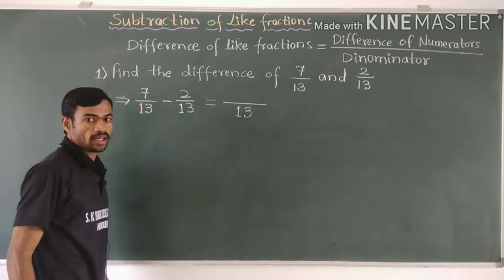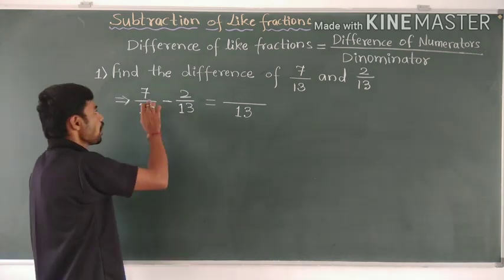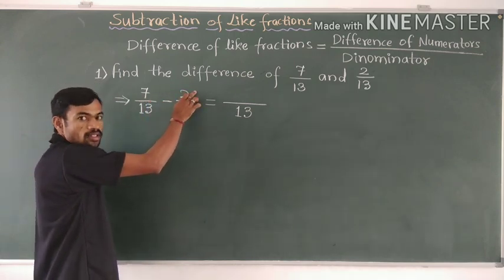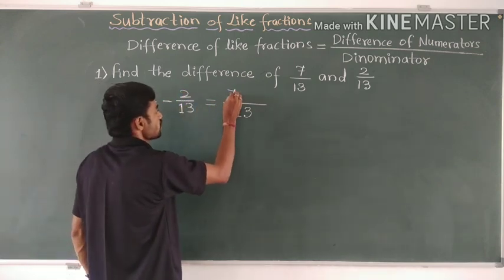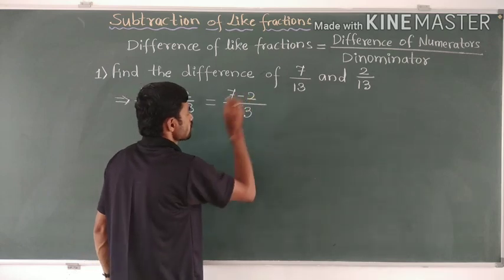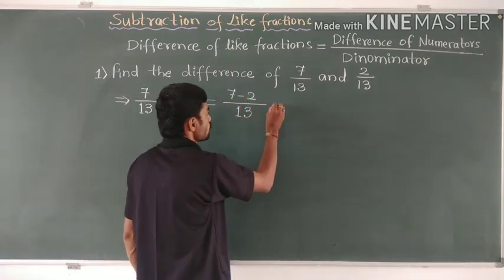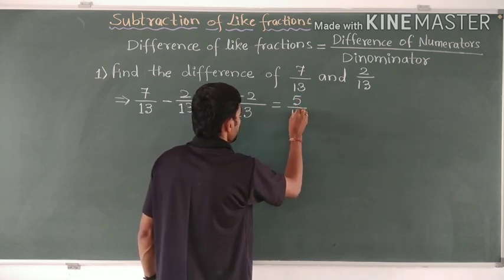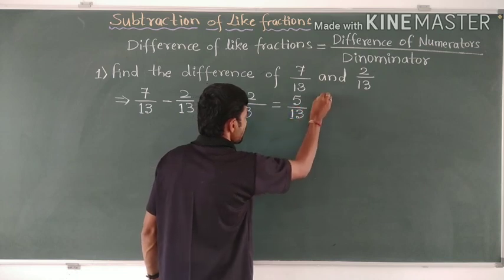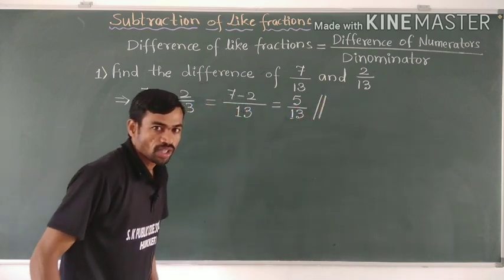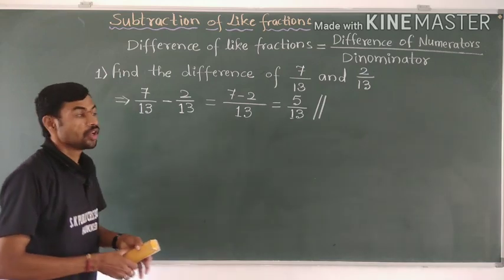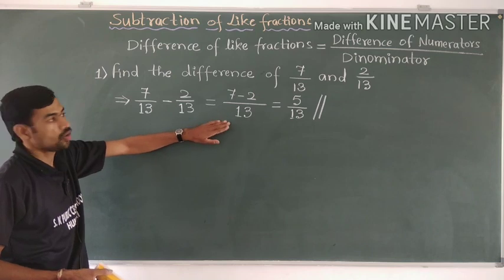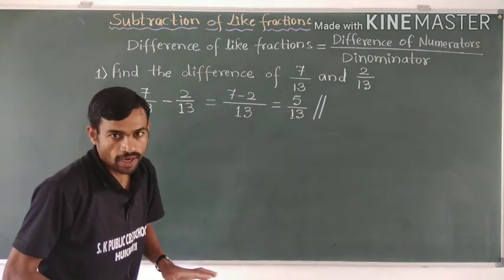The numerators are 7 and 2, and the difference is 7 minus 2, which is 5. So your answer is 5 by 13. This is the formula we follow to find the difference of given like fractions.